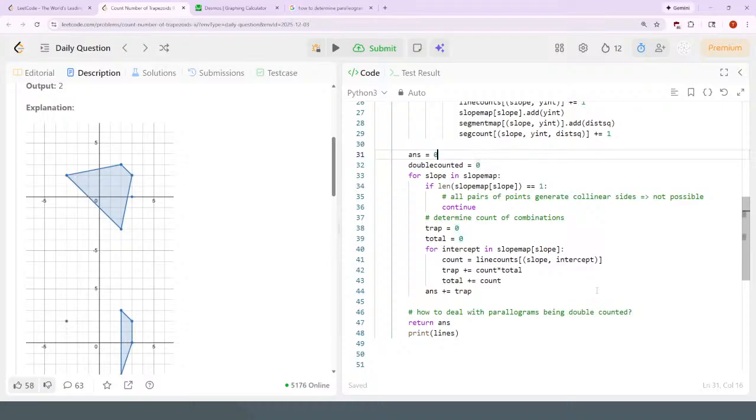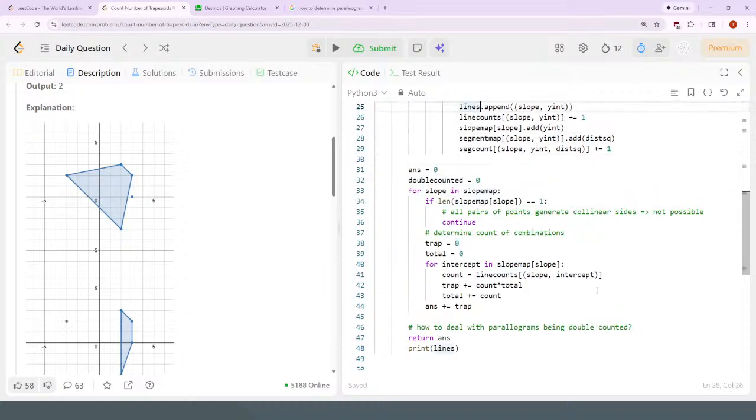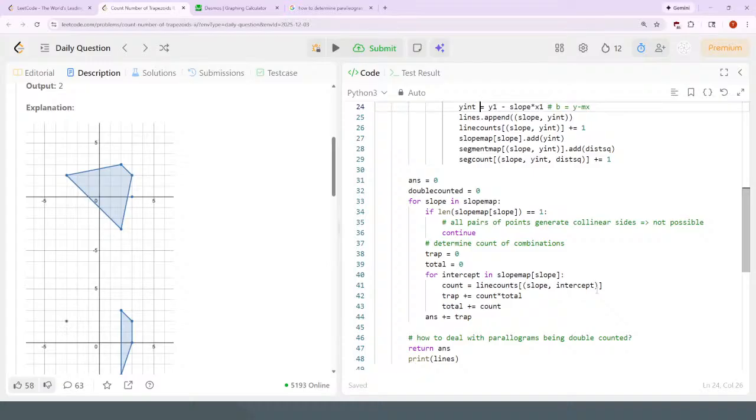So the overall thing is the same. Well, probably want to just redo the calculation based on segment mapping, segment count, and maybe get rid of the usage of line counts.